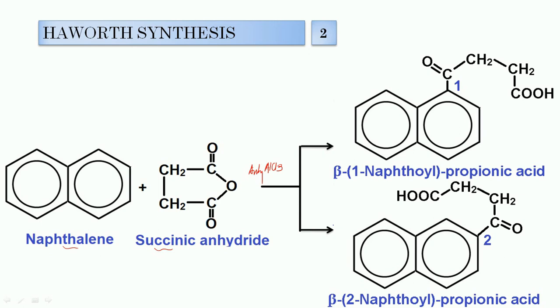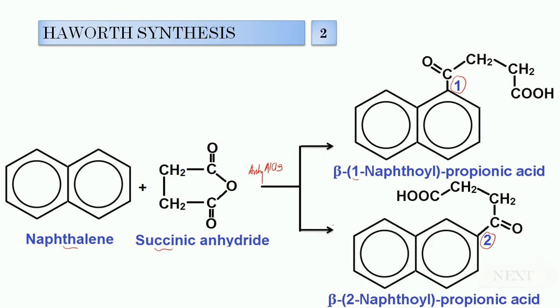The first one is beta-1-naphthoyl propanoic acid. In this case, the substitution occurs at carbon number 1, and the second one is beta-2-naphthoyl propanoic acid. In this case, substitution occurs on carbon number 2. So these are the 2 keto acids.